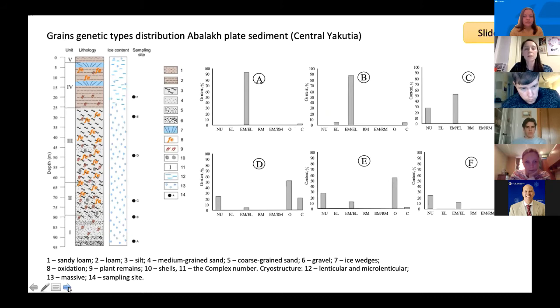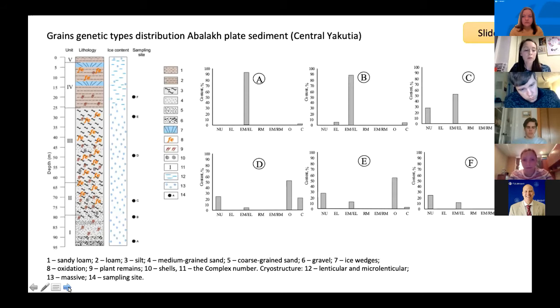One of them is a borehole profile situated on the Aldan plateau in central Yakutia. Quartz sand grain macromorphological analysis was undertaken by scanning electron microscope, SEM, for this borehole.